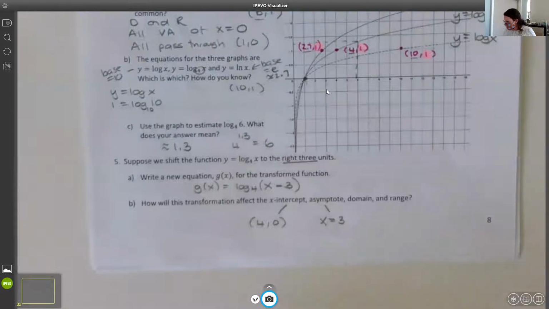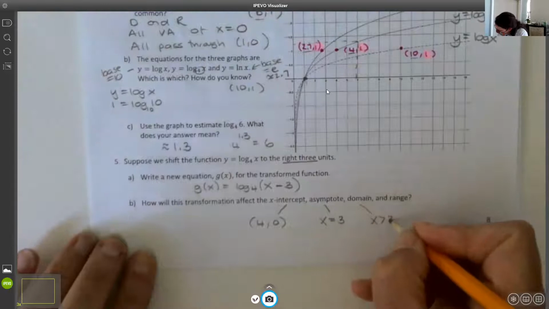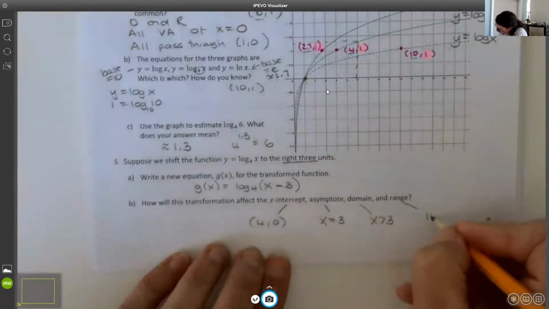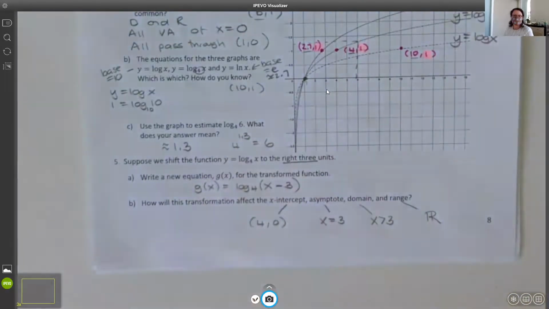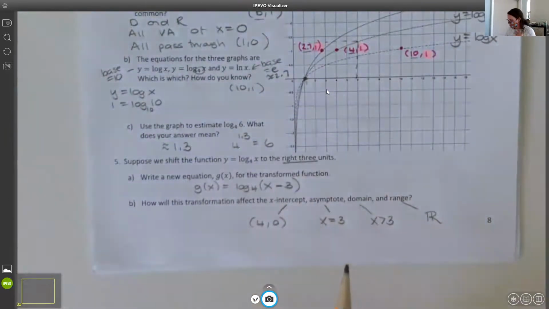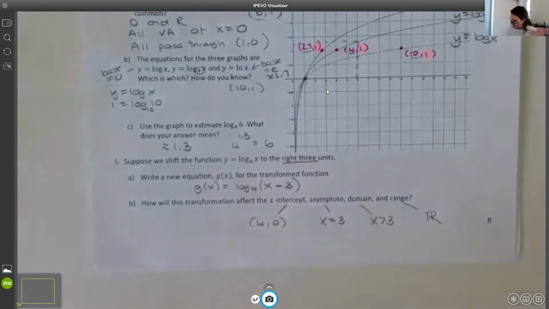And then the domain, instead of being x is greater than 0, is going to be x is greater than 3. And the range is still going to be all real numbers. So with an exponential function, all of these things are affected by a vertical shift, whereas with a log function, they'll be affected by a horizontal shift. Any questions?